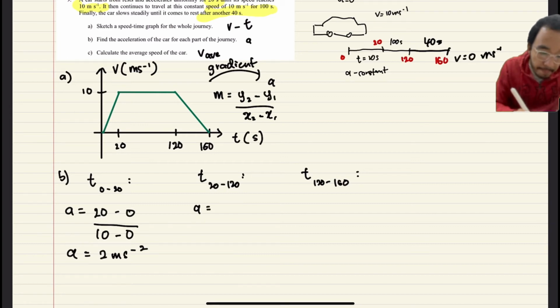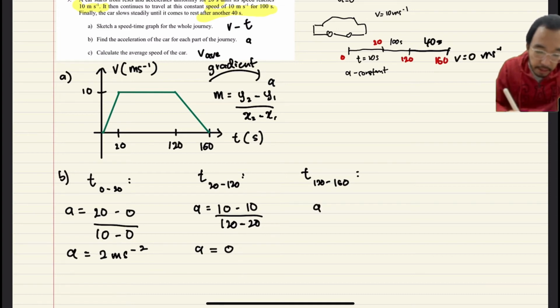a equals to, over here you can see clearly that it will be 0, but I just tried to calculate it to show it mathematically. So 10 minus 10 over 120 minus 20. So basically I'm taking these 2 points. So this one becomes 0 because 10 minus 10 is 0.